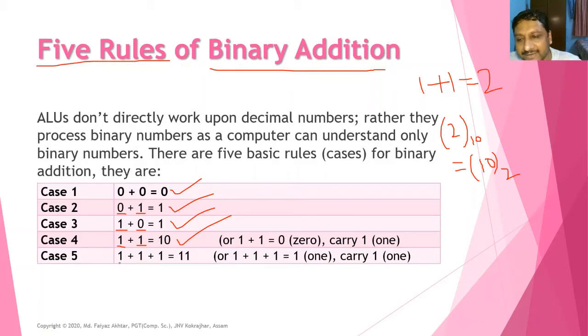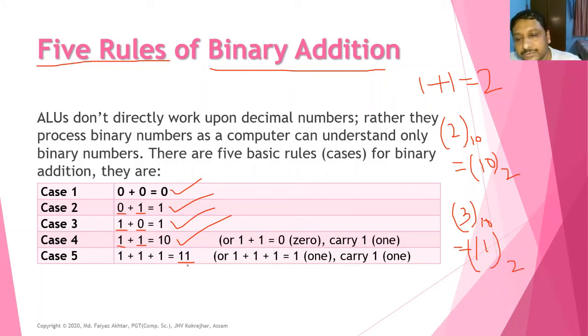And if we add 1 plus 1 plus 1, then it will become 11, not 3, because 3 in decimal is equivalent to 11 in binary.